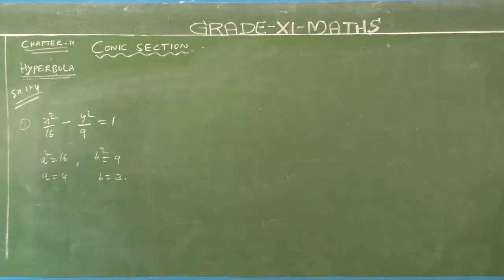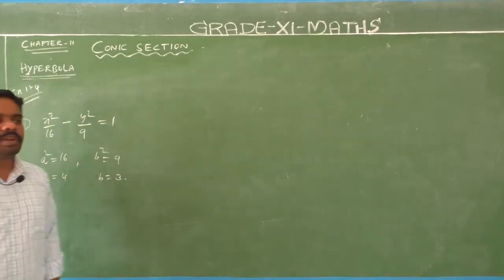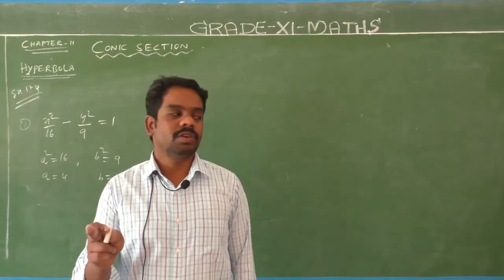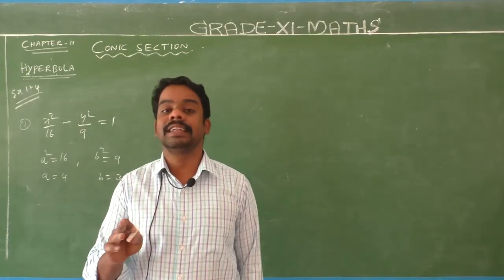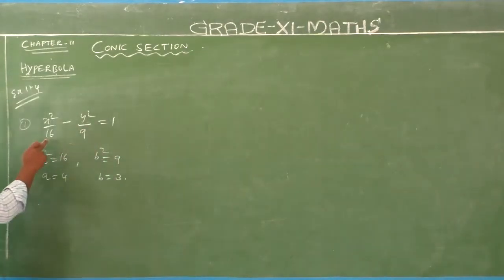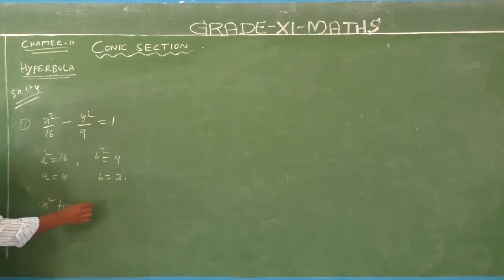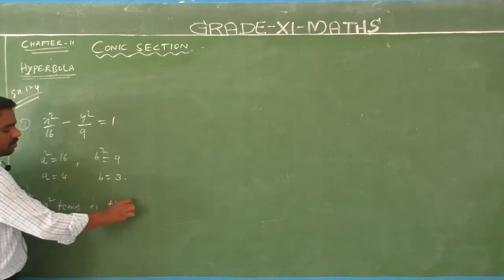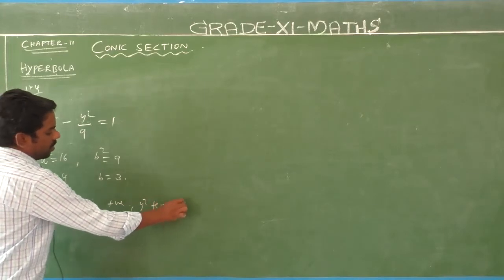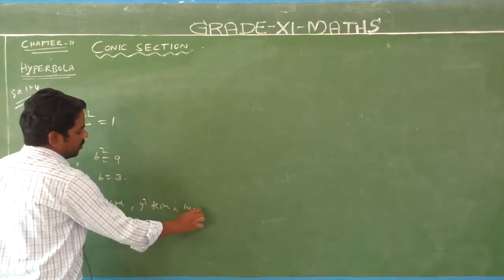Find foci. The foci formula is c comma 0 or minus c comma 0 when the transverse axis is along the x-axis. Here the x squared term is positive and the y squared term is negative.